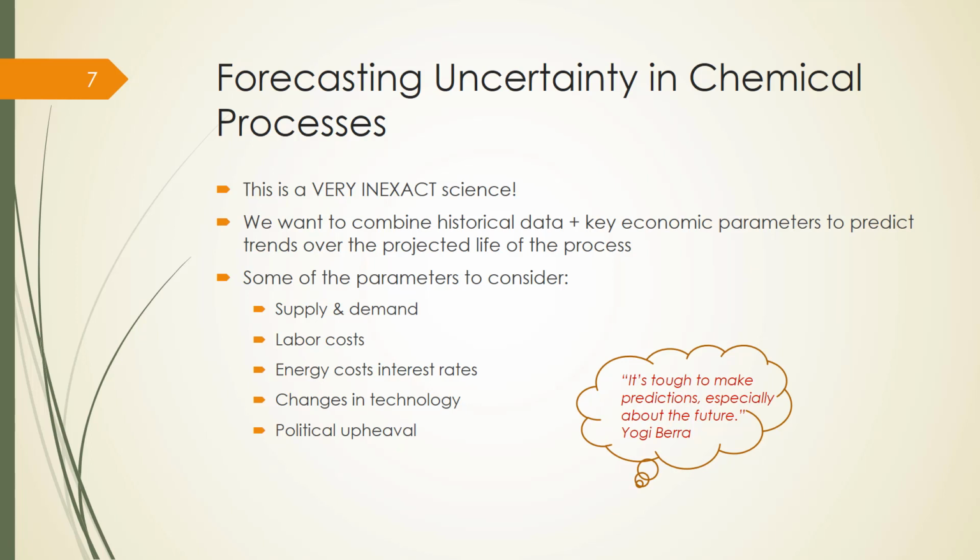What about labor costs, or energy costs, or interest rates? Or technology could change, or even worse, political upheaval. A company in some parts of the world has found that their facilities have been seized by the government. So we want to have ways of quantifying these.